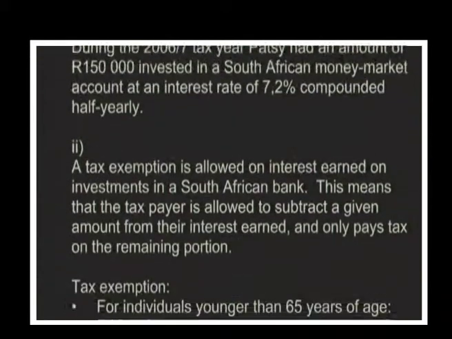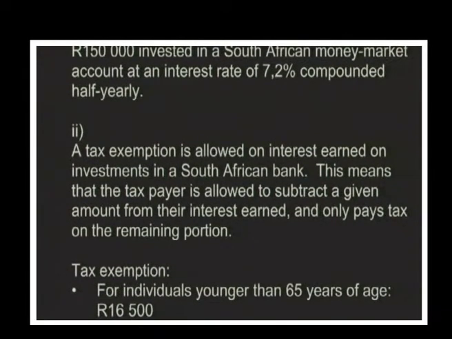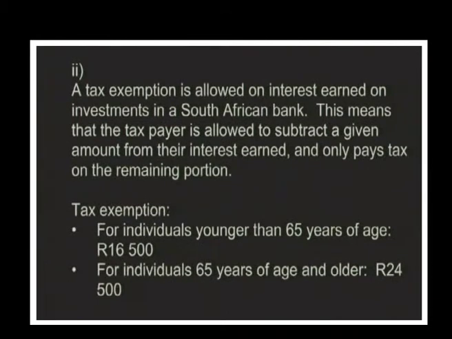Right, so we've calculated this. The second part of the question then says a tax exemption. A tax exemption is allowed on interest earned on investments in a South African bank. This means there is a certain amount of money that you can earn as interest where you do not have to pay tax. The reason for this is that the government wants to encourage you to save money.